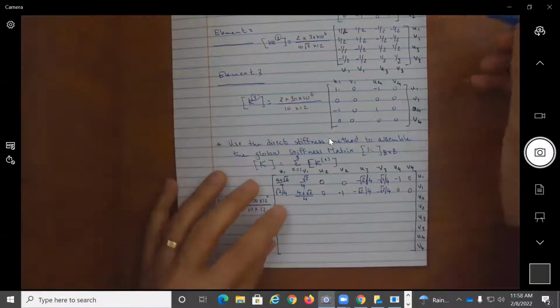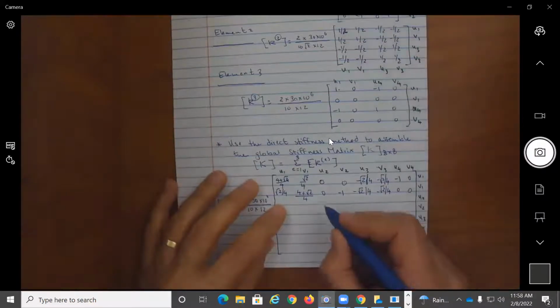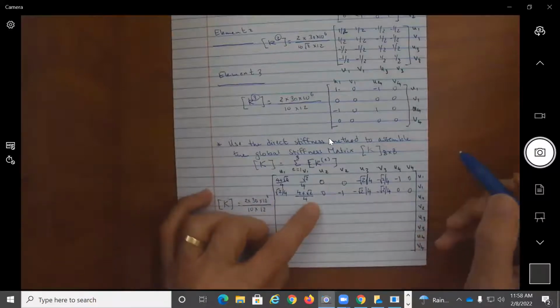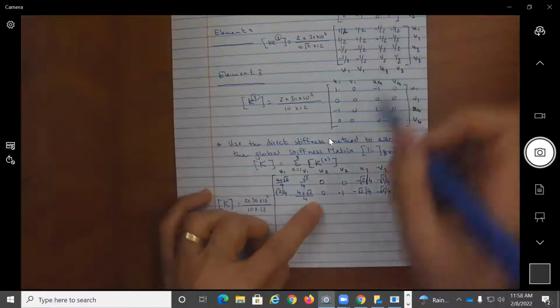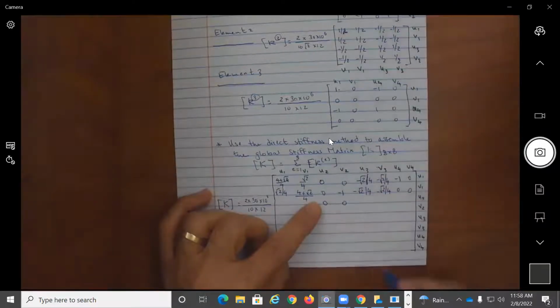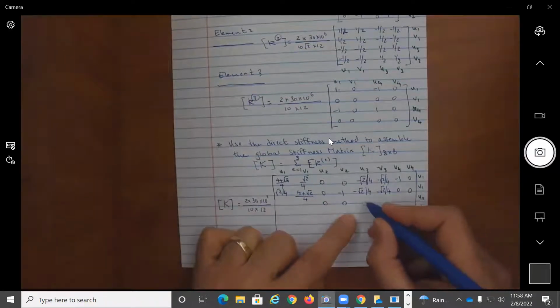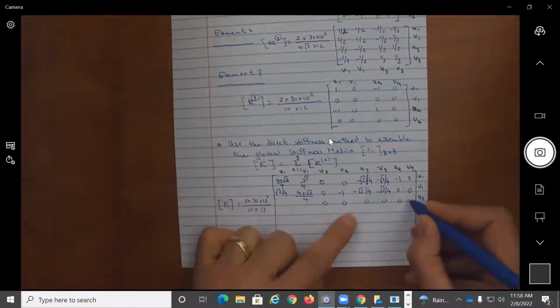U2. The only one that is contributing here is element 1, and it's all zeros. So I get U2 is a 0, and U2, V2 is a 0. And none of the others are contributing, so I get 0, 0, 0, and 0.